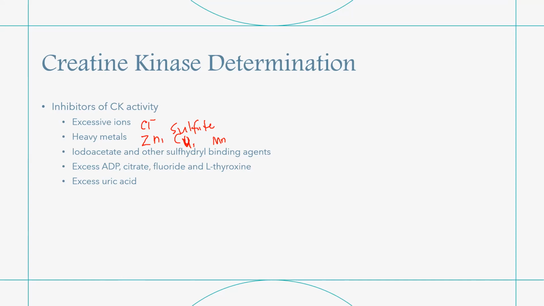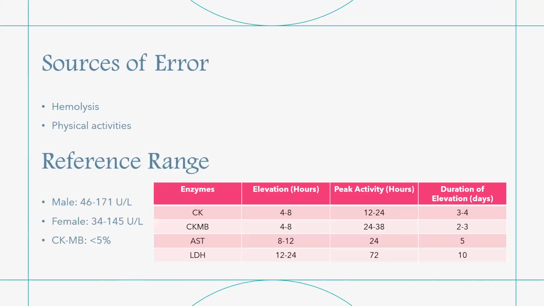Iodoacetate and other sulfhydryl binding agents, excessive ADP, citrate, fluoride, L-tyrosine, and even excess uric acid inhibit the activity of creatine kinase.